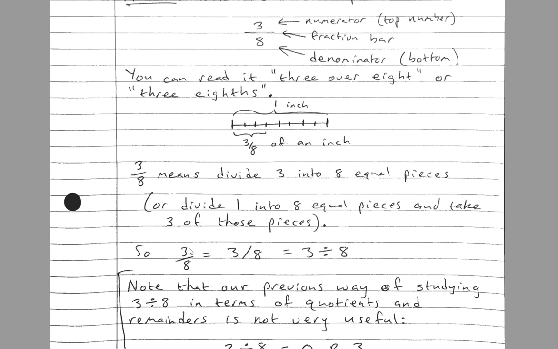So this fraction 3 over 8, you can also write it like this, and the fraction bar you can write as a slash as well, so it means division. It's 3 divided by 8, so dividing 3 into 8 equal pieces. If you do that, each piece has to be of size 3/8.